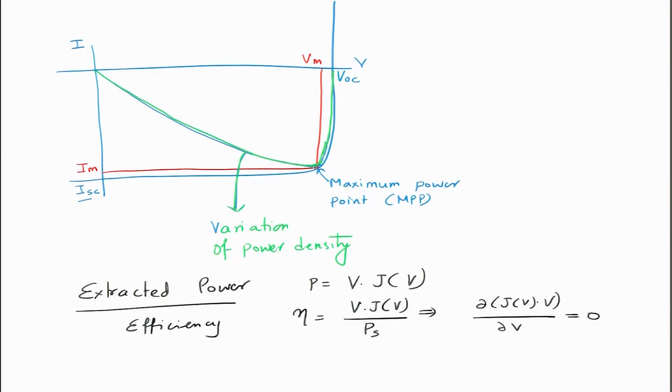So, when you take the derivative of power with respect to voltage, that should be 0. So, this is at MPP, and this is where you achieve the maximum efficiency or limiting efficiency, which corresponds to the MPP.